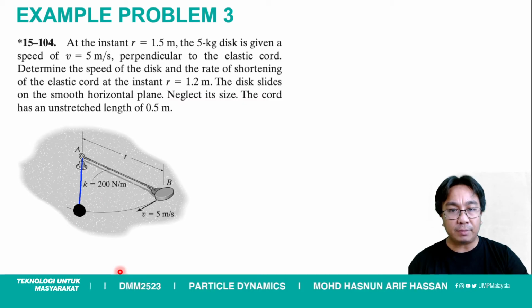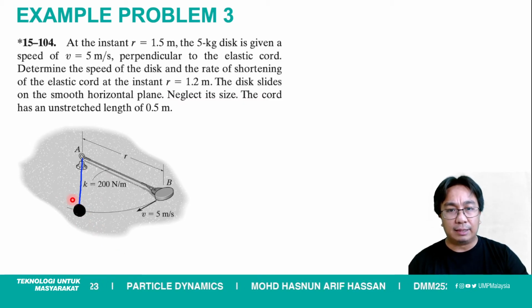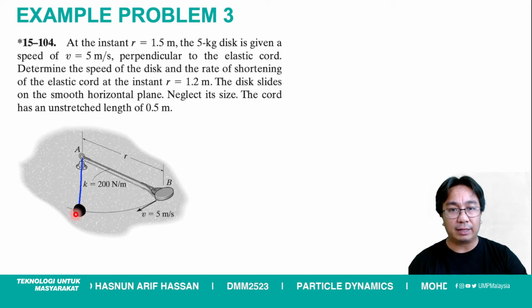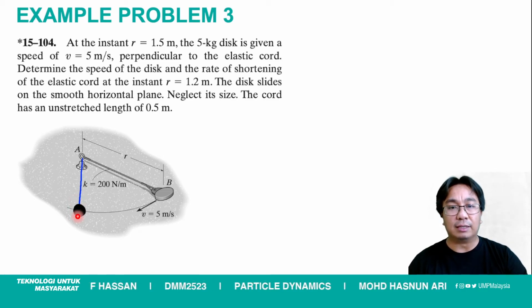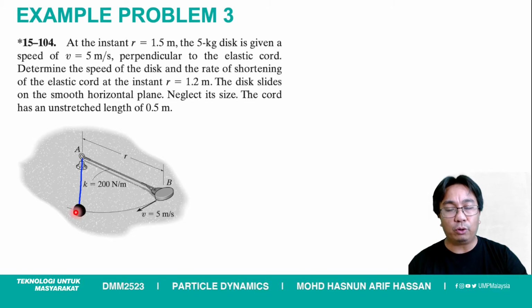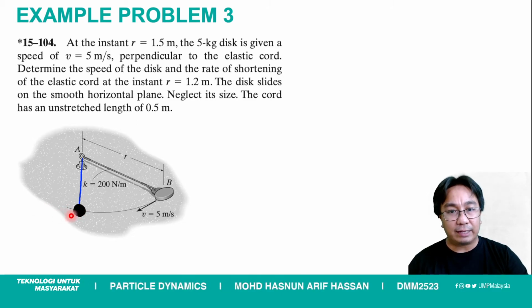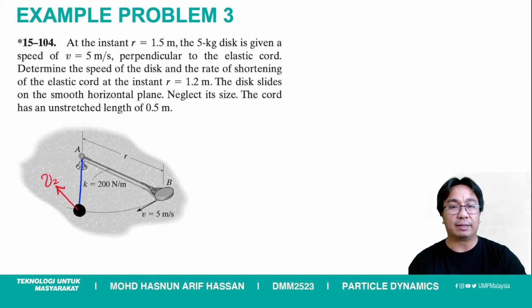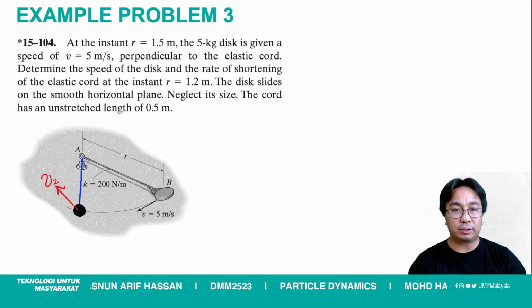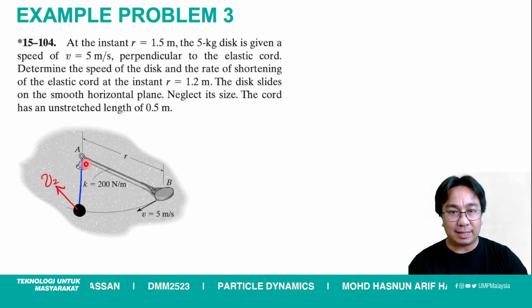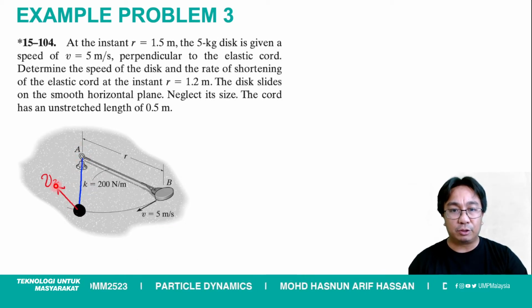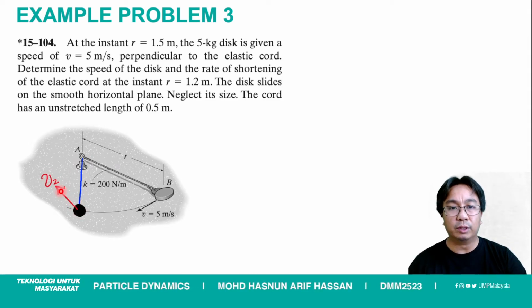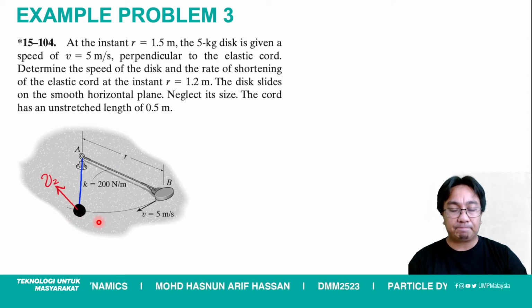Because the cord is shortening, the velocity of the disk is no longer in the tangential direction, but pointing inside, closer to the center of rotation, which is point A. This should be how V2 is pointed.